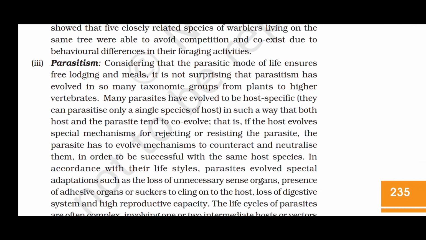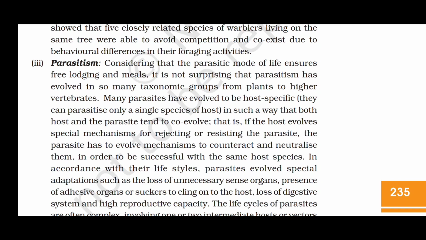Considering that the parasitic mode of life ensures free lodging and meals, it is not surprising that parasitism has evolved in so many taxonomic groups from plants to higher vertebrates. Many parasites have evolved to be host specific.